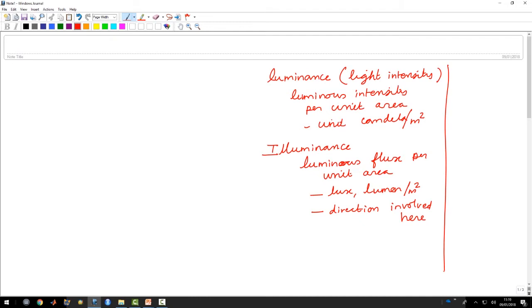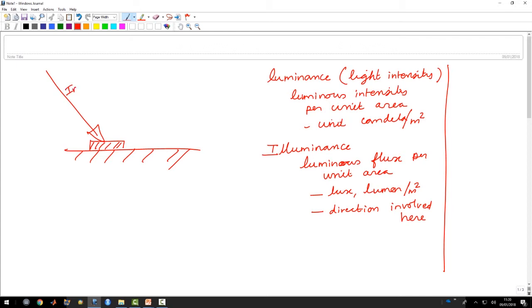Some of these terminologies may be confusing, so I'll try to clarify a little bit. When we have the surface, and the light is incident on the surface, suppose we measure the light over here, suppose this is our sensor, the sensor measuring the incident light is called the illuminance sensor.